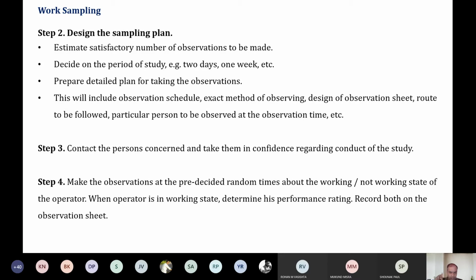It's not about the performance rating for a salary hike. It's different, right? You should understand the difference. For the working time, you should be able to give him the performance rating, and you should record both working time and non-working time in any of the recording sheets.